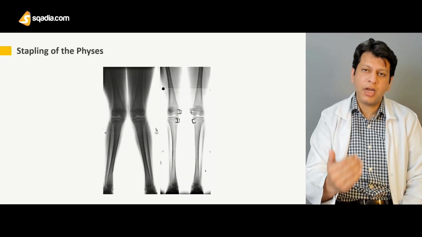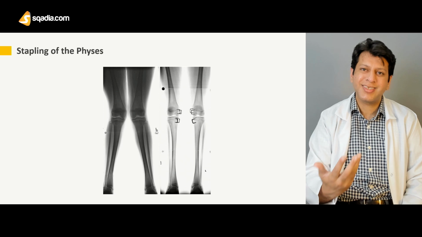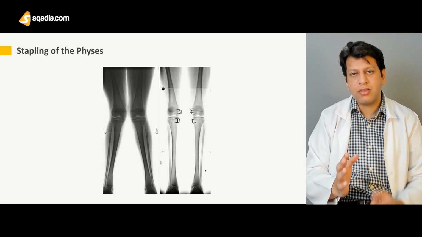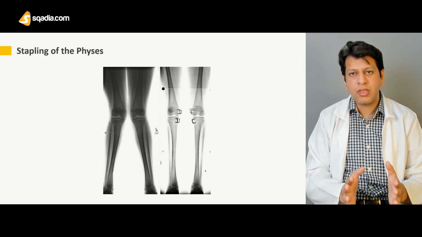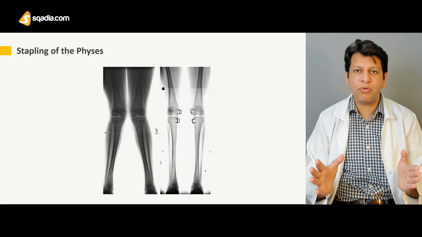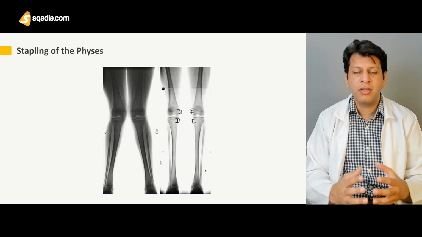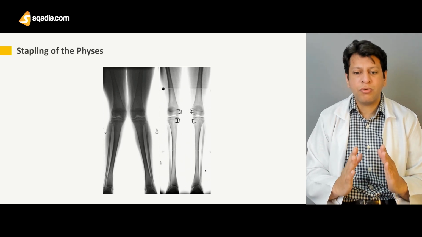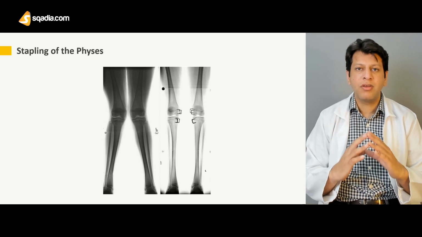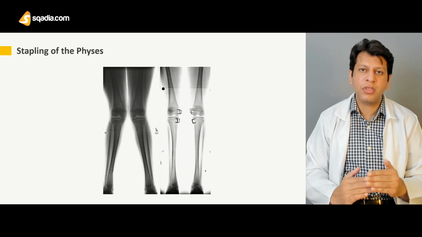Now if this child comes to you at the age of, let's say, 7, 8, less than 10 years of age, then the main aim of treating this pathological genu valgum is to limit its advancement. That is, to reduce the further aggravation of genu valgum, which is more important before the age of 10 years.